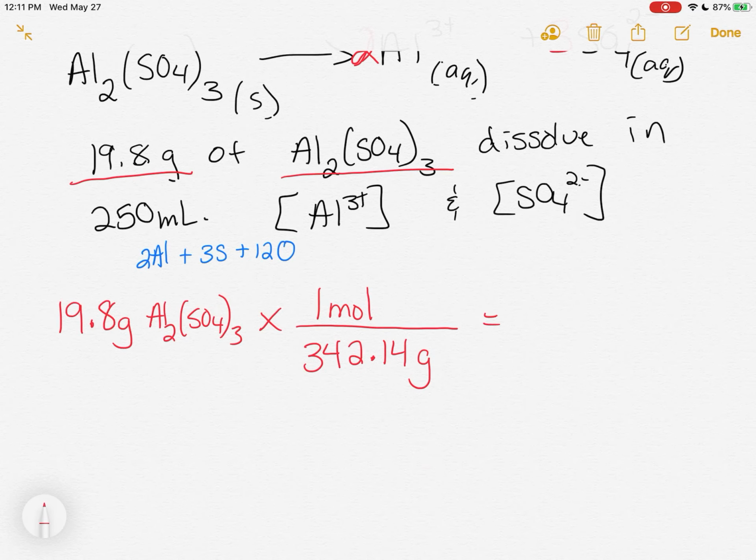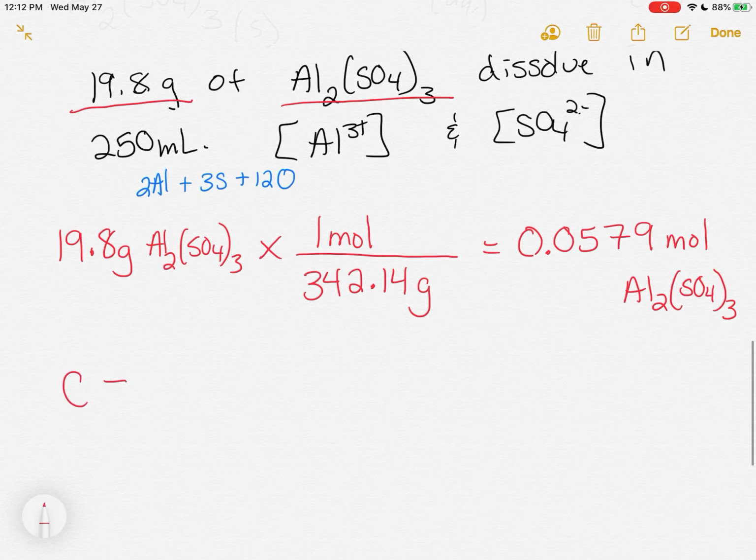And so when we do that calculation, our 19.8 grams divided by our 342.14 is going to give us 0.0579 moles. And that's moles of aluminum sulfate.